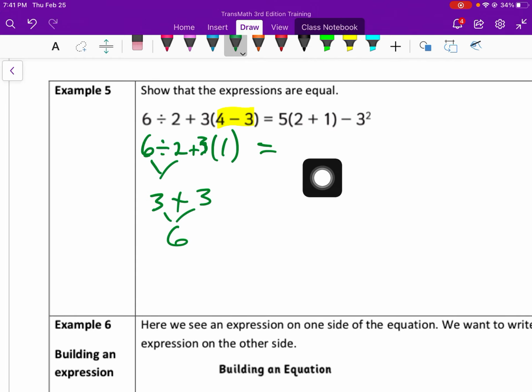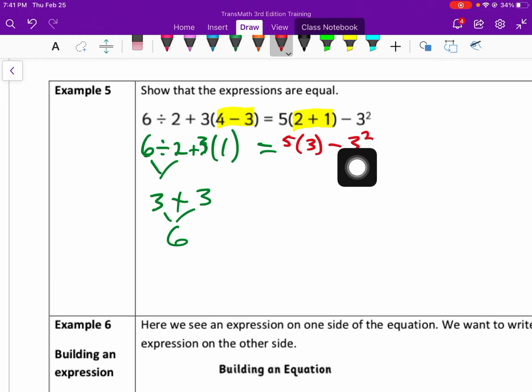So the right side must equal 6 if the expressions are equal. Again, we must do parentheses first. So 5 times 3 minus 3 squared. Next, in order of operations, we must do exponents. So 3 times 3 is 9. That's what 3 squared means, 3 times 3.